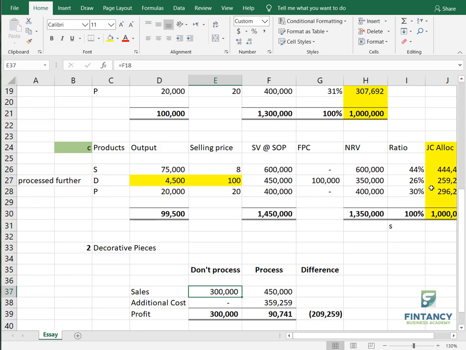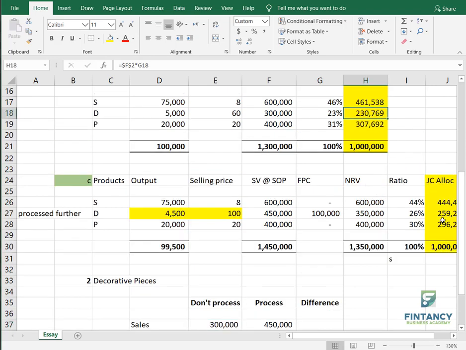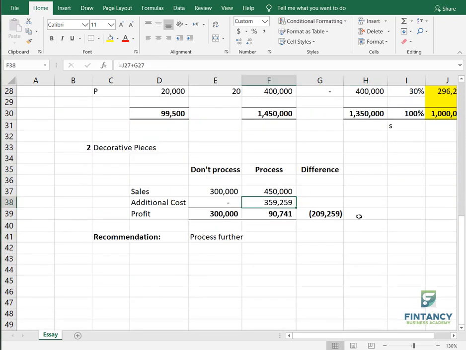See, here we allocated 230, here we allocated 250, because the method is different and the ratio is different. But overall the cost is the same, 1 million. That will not change. What about if you process further? You have to pay how much extra?